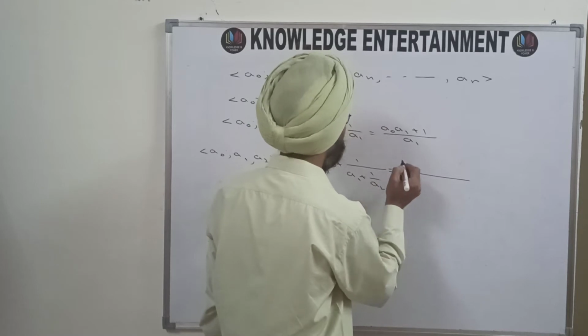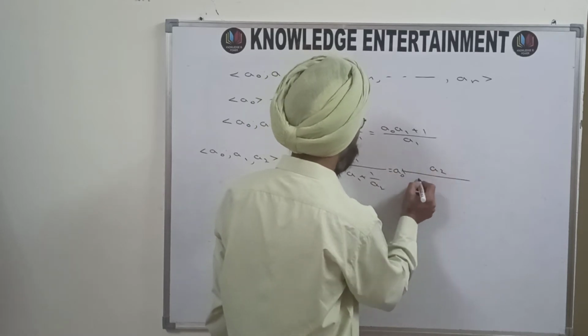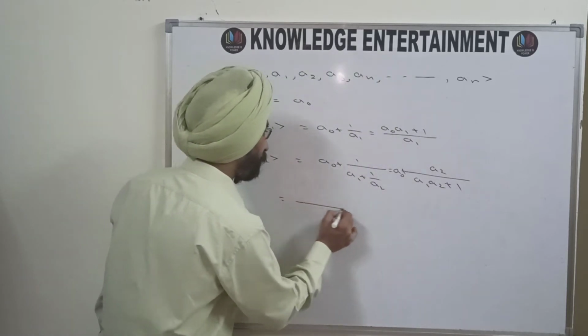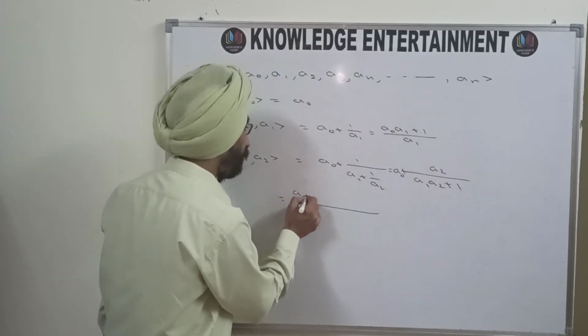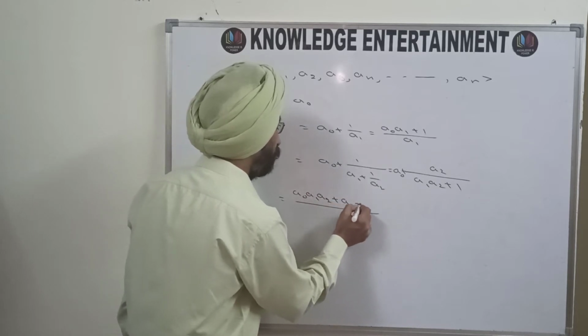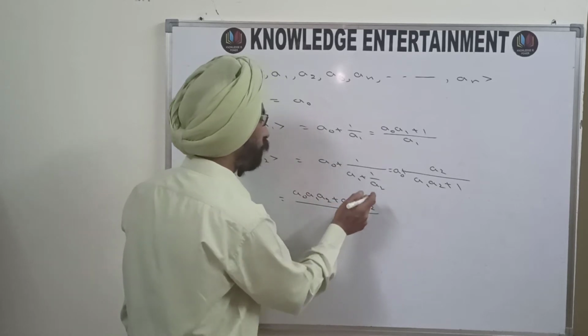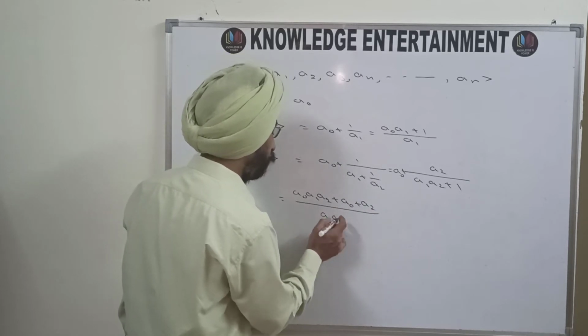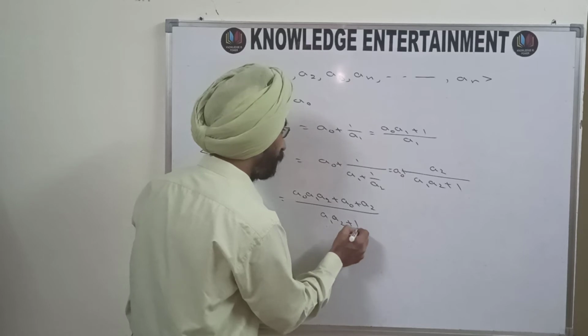a0 plus a2 upon a1 a2 plus 1, or you can say (a0 a1 a2 plus a0 plus a2) divided by (a1 a2 plus 1).